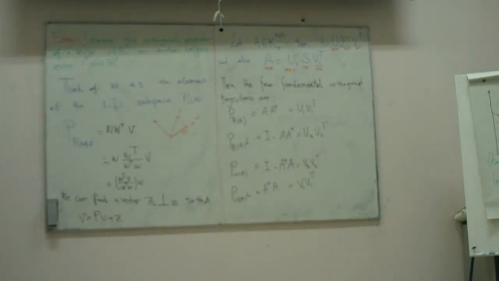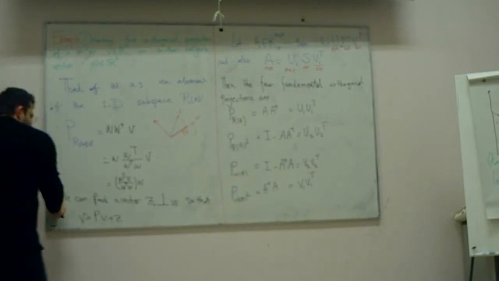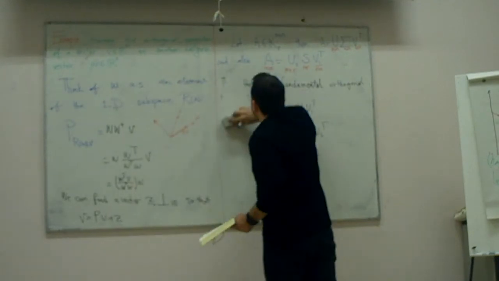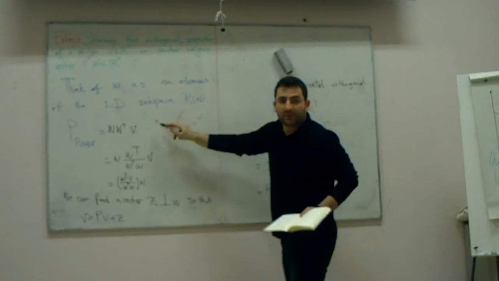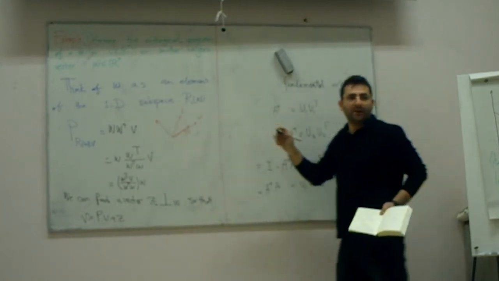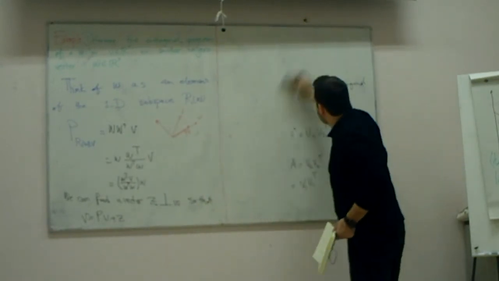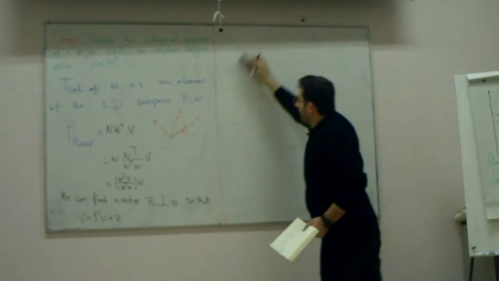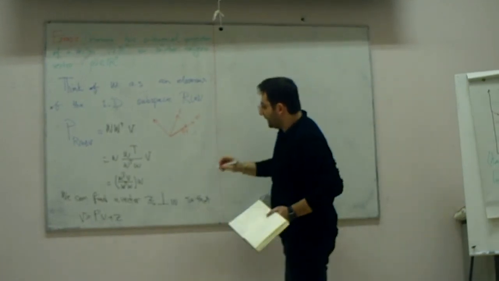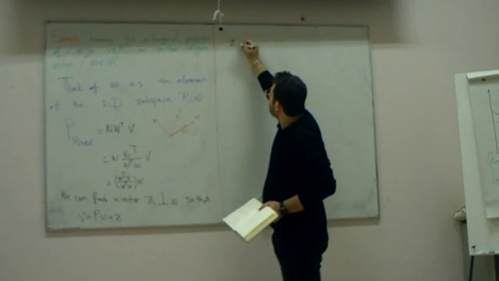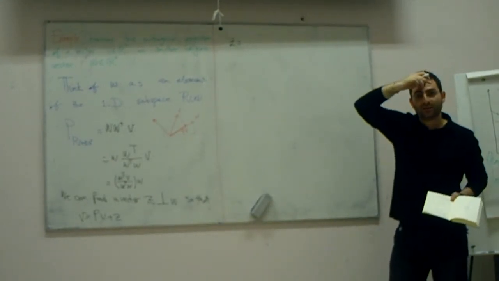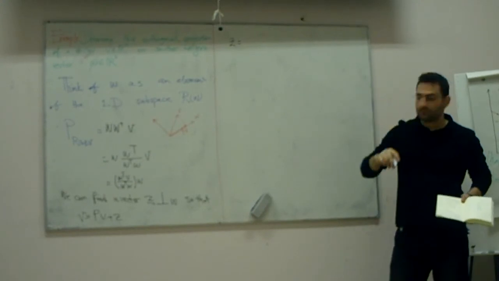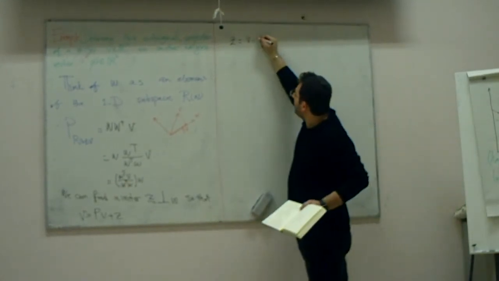Now, I want to find a value for Z, because if I want to decompose it, I need to find a value for Z, right? So what is the value for Z? Can you guess? It will be V minus PV, right?